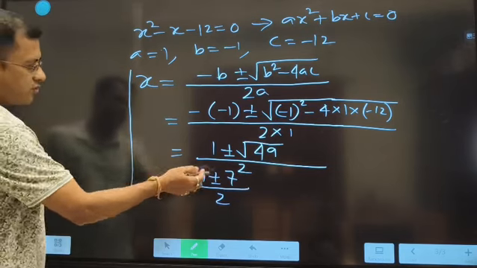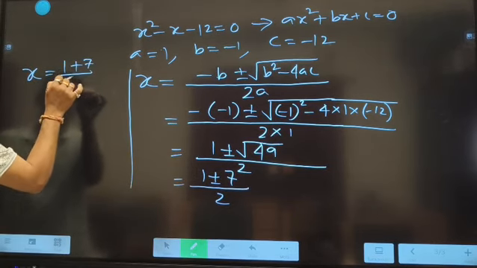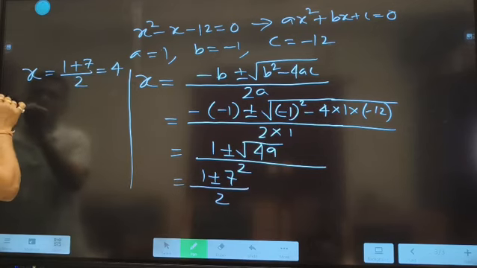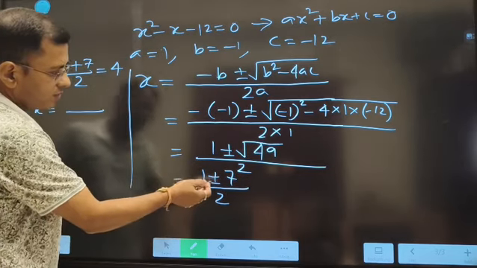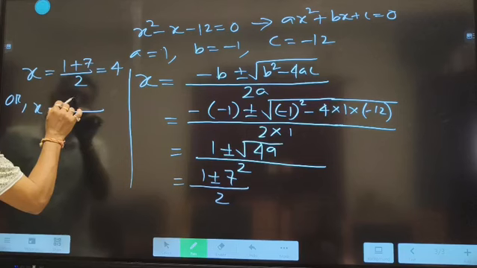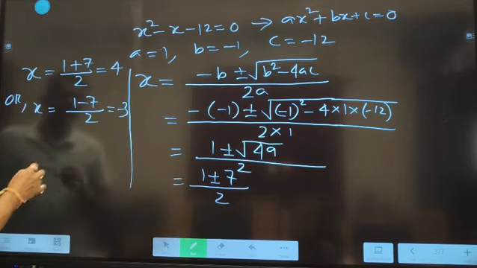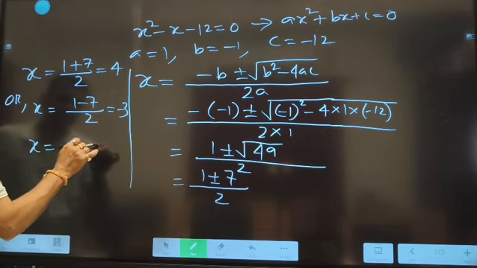First take the positive sign: x equal to 1 plus 7 divided by 2, which is 4. Or take the negative sign: 1 minus 7 divided by 2, which is minus 3. So x equal to 4 and minus 3.